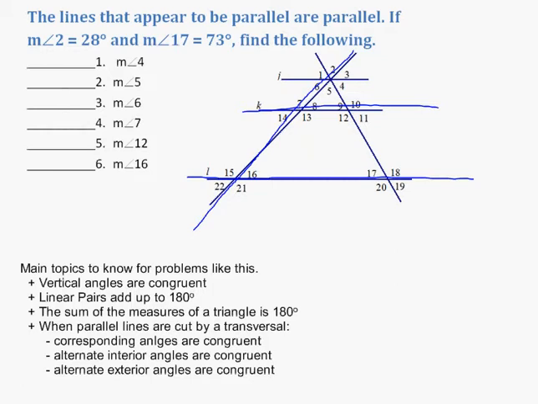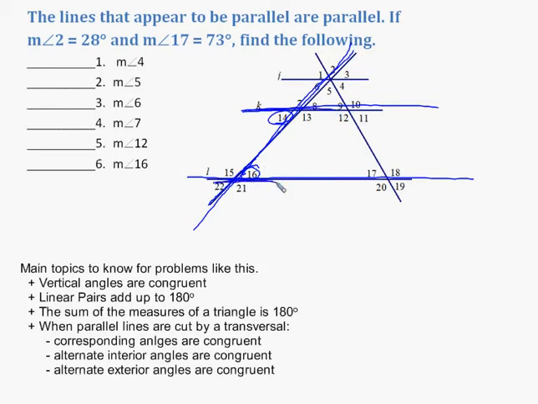Next, we're going to look at alternate interior angles. So we still have the parallel lines cut by a transversal. Alternate means on the opposite side of the transversal, and interior means between the two parallel lines. So 14 and 16 are alternate interior angles. They're on different sides of the transversal, and they are inside the parallel lines.